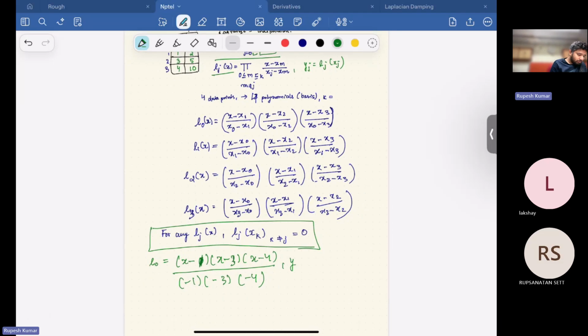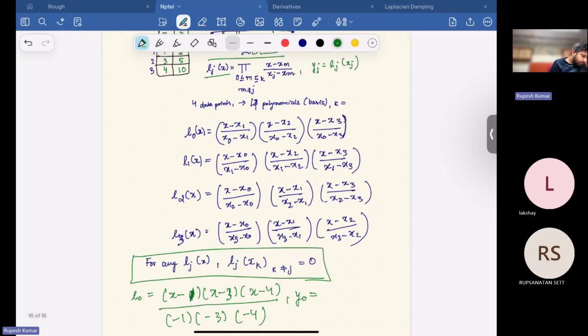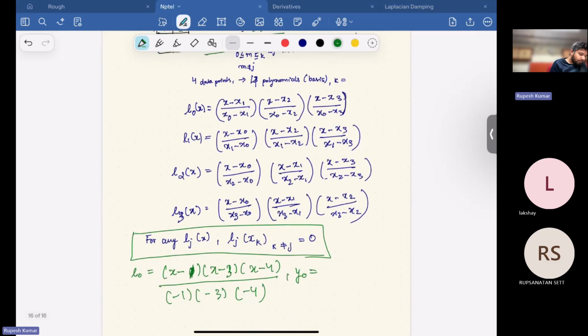And then similarly y0 would be L0 of x0.